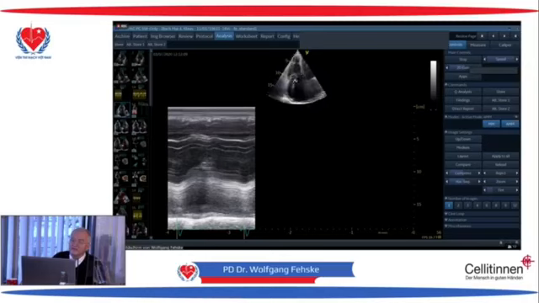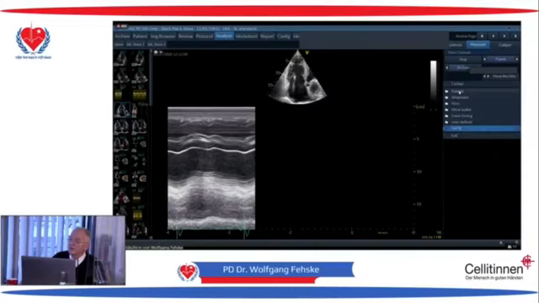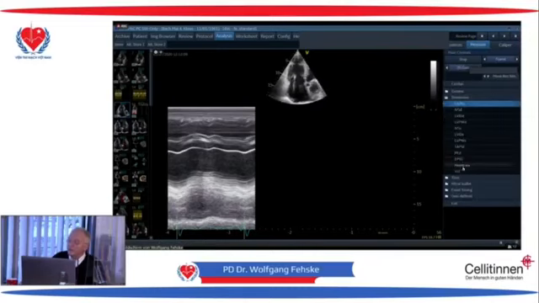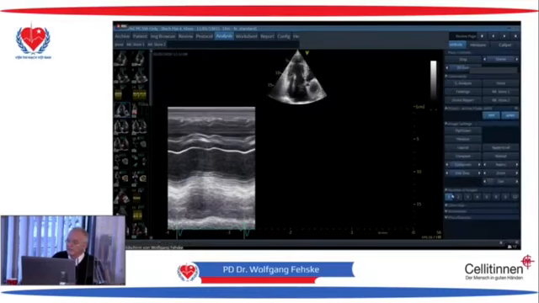This is very simple, the TAPSE method, and for years this was the only thing we could do with these patients. We measured the TAPSE like I do right now, and this is 0.8. It is not very good, but it's not so weak at all.